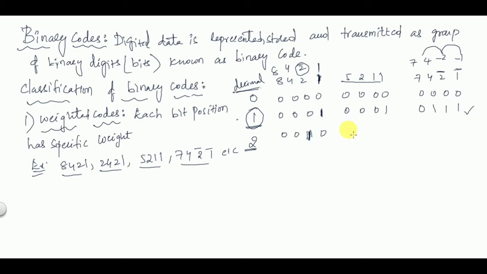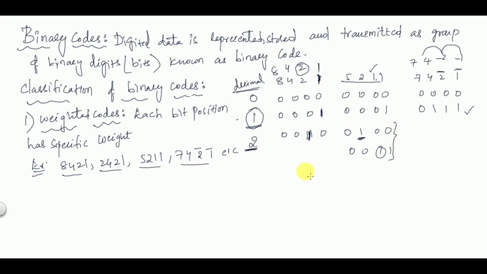Suppose you want 2 here: you can write 0 1 0 0, or 0 0 1 1 also becomes 2. 1 into 1 is 1, 1 into 1 is again 1, so 1 plus 1 is 2, or directly 1 into 2 is 2.